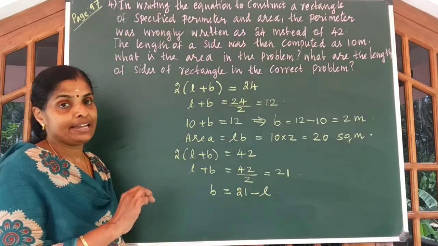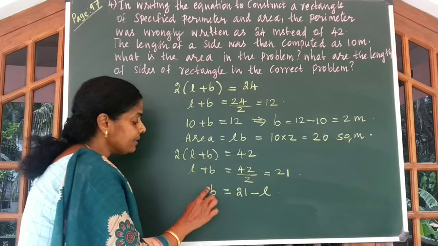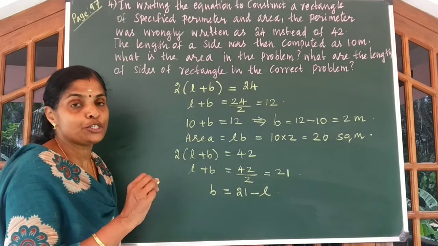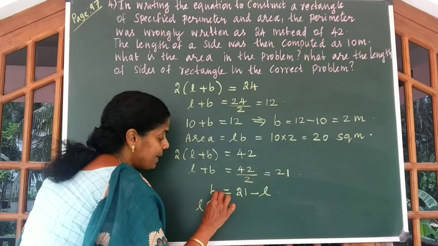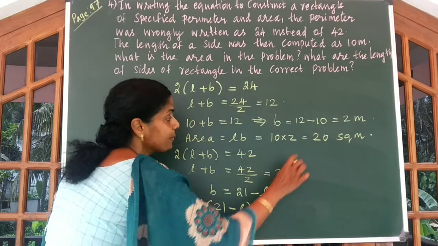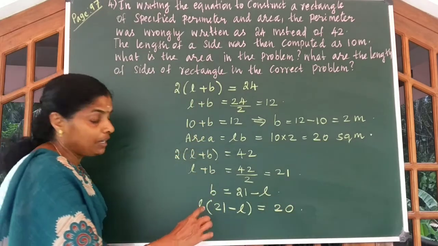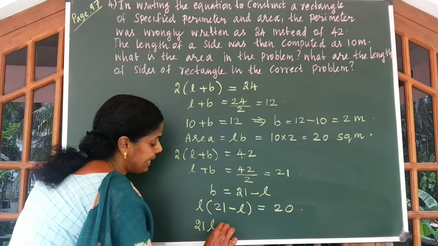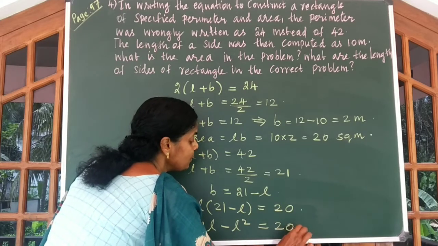Now let us write a second degree equation by connecting length, breadth and this area. We know length into breadth is equal to area. Length is L, breadth is 21 minus L, is equal to area, which is 20. Now let us multiply 21 with L. We get 21L minus L square is equal to 20.